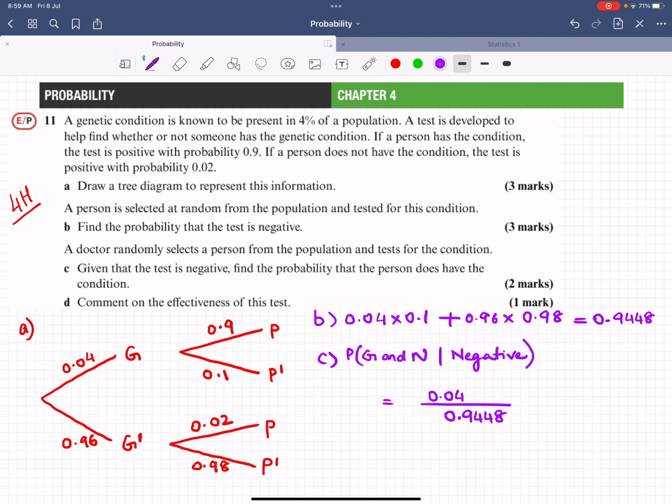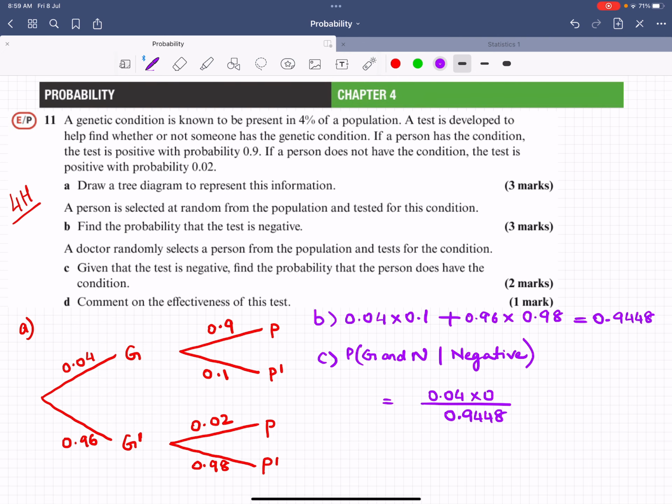When we work this out, we get the answer as 0.00423, and that answers C.